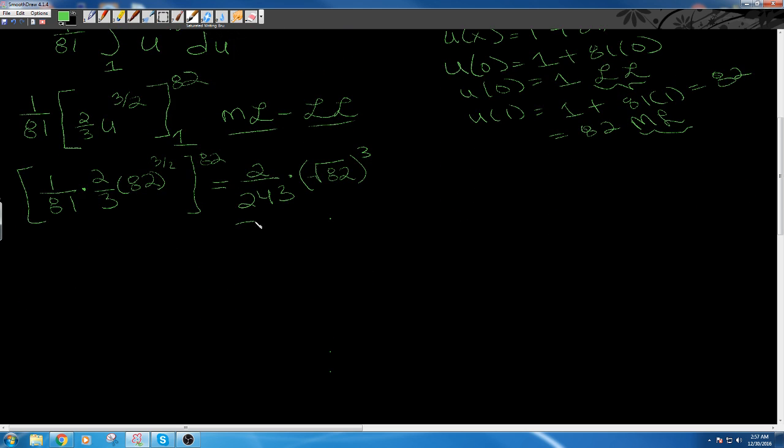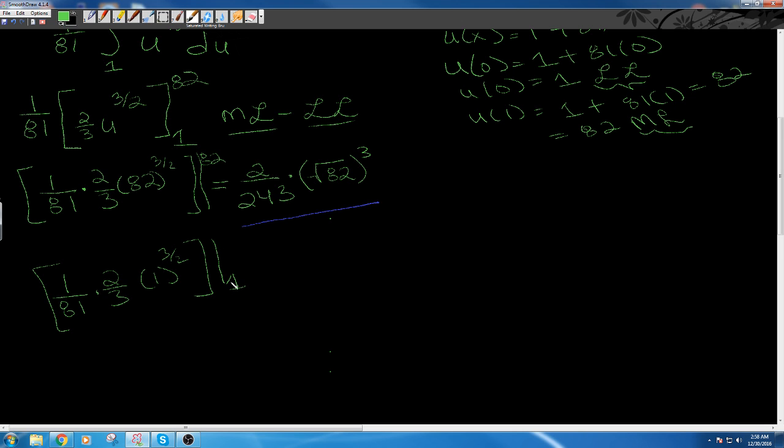So here's our maximum limit. Now we're going to take the lower limit, and what we're going to get is 1 over 81 times 2/3 times 1 to the 3/2. Sorry, I should have drawn a line here.